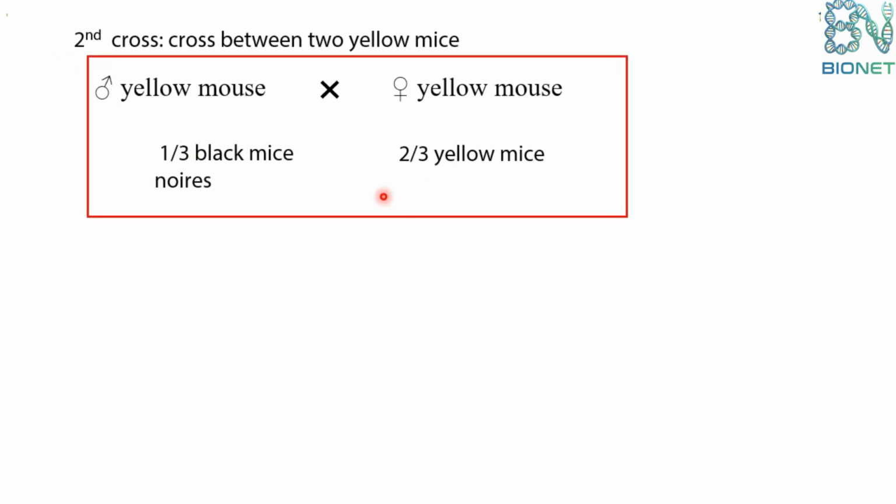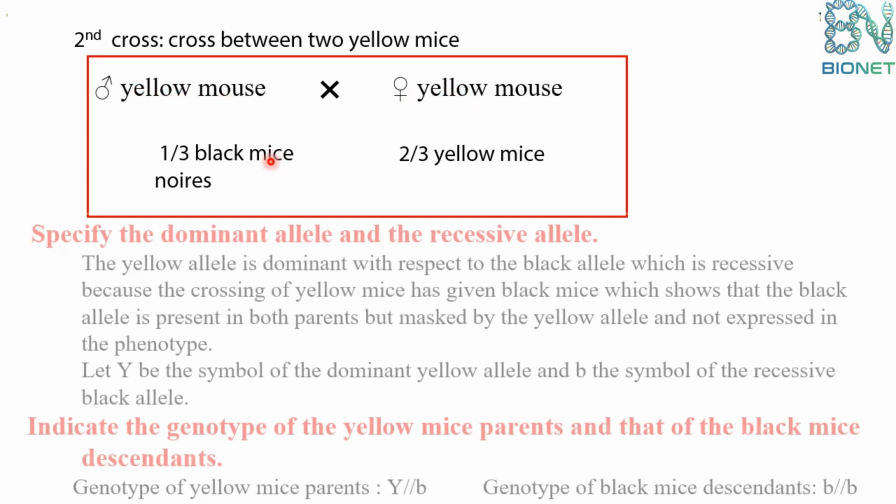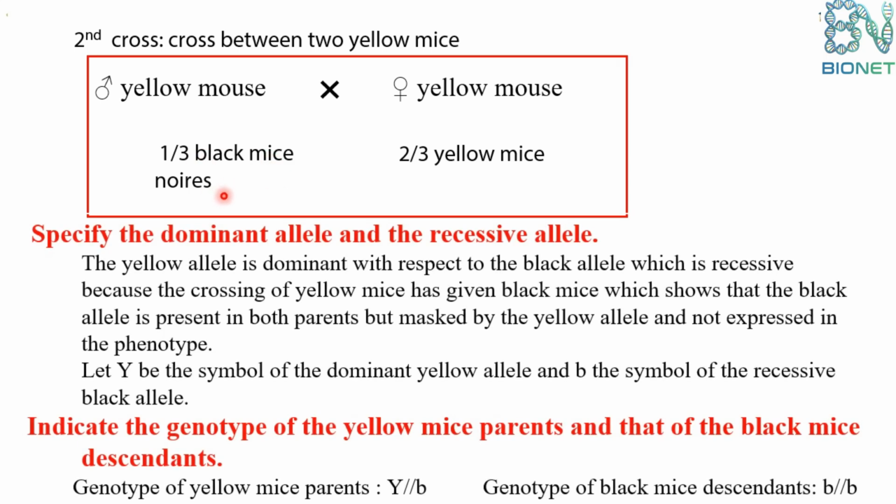So these are the experimental results. Upon crossing a yellow male mouse with a yellow female mouse, the result is 1 out of 3 black mice and 2 out of 3 yellow mice. So as we have said previously, the dominant allele is the allele representing the yellow color.